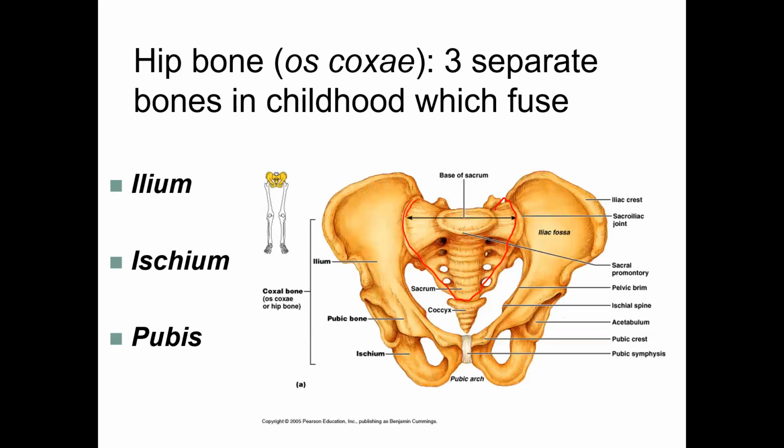Now, because that joint is under so much more pressure, the joint that is formed with the femur, you expect, therefore, the joint here to be a much deeper joint.